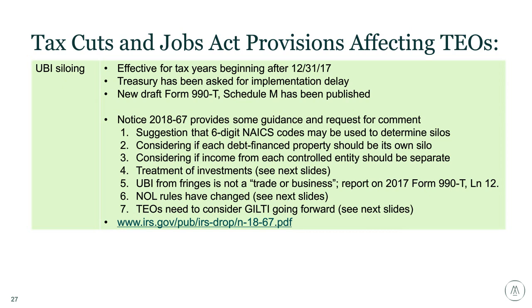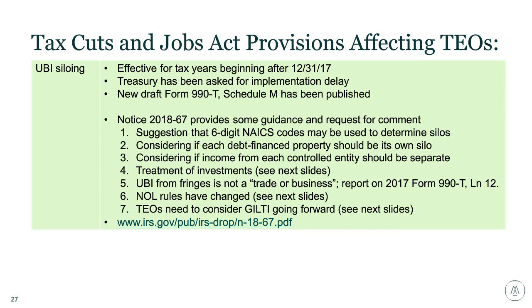It really mirrors page 1 of the 990-T, but it's per each activity. There's been some guidance and suggestions to use a reasonable approach, what makes sense. Some ideas are: what if you use the NAICS code for siloing? How about debt financed income, controlled groups, investments? Lauren's going to talk about that.